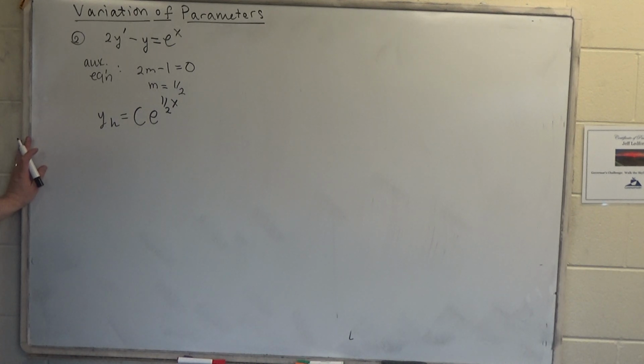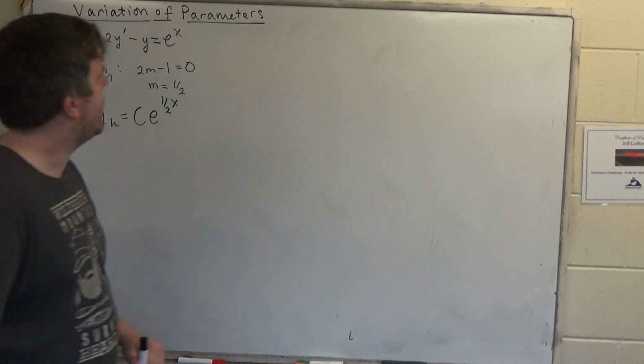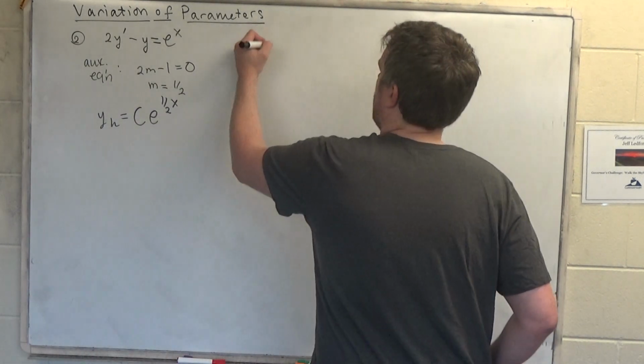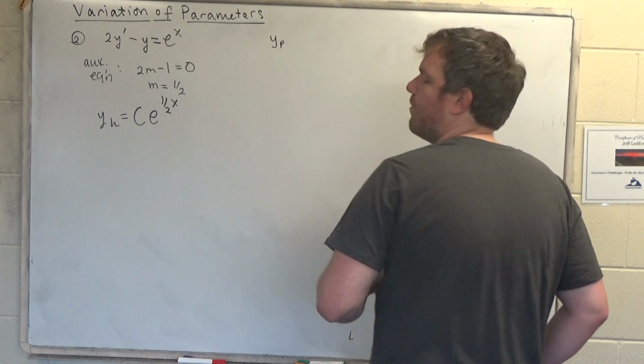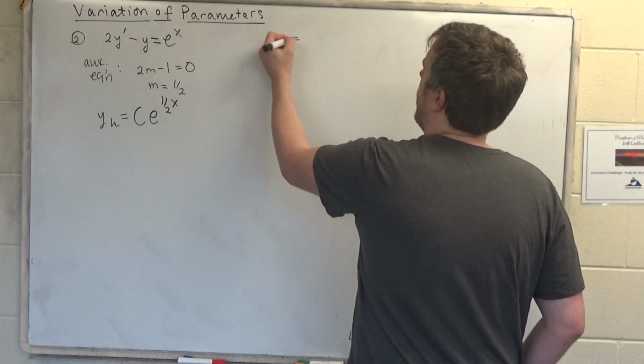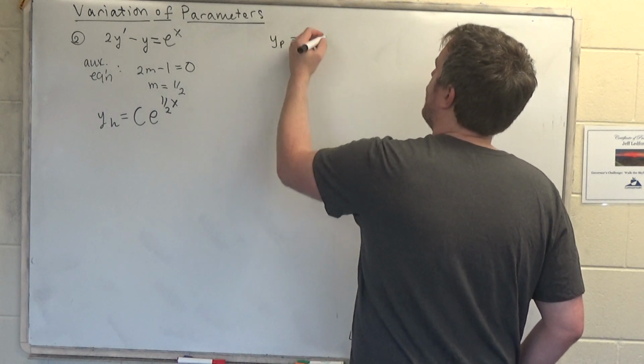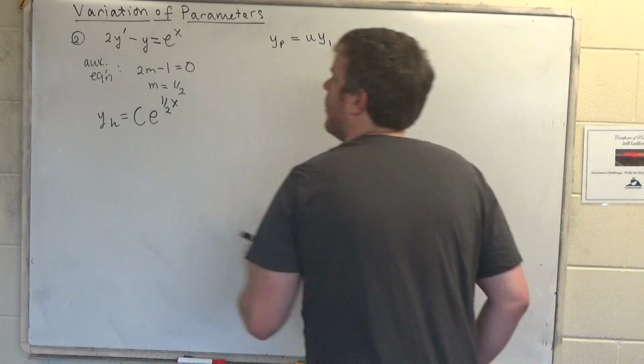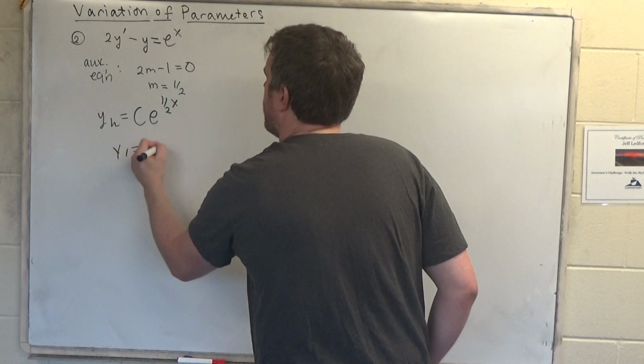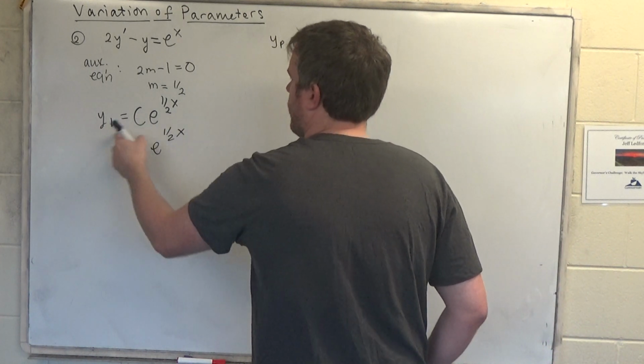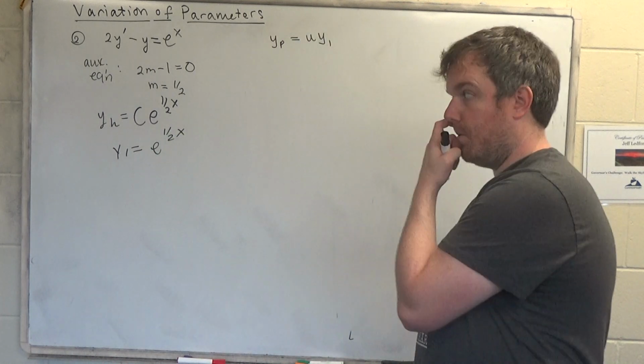The second part is figuring out the particular solution, which I'm going to call yp, p for particular. And the idea is that we say it should be u times y1, where y1 is the homogeneous solution with c set to be 1.